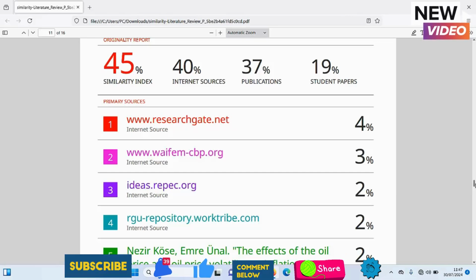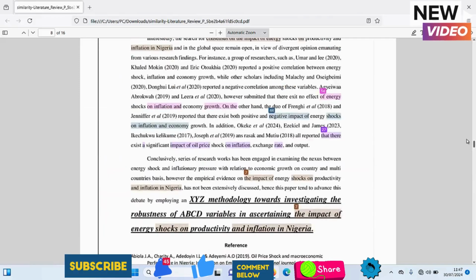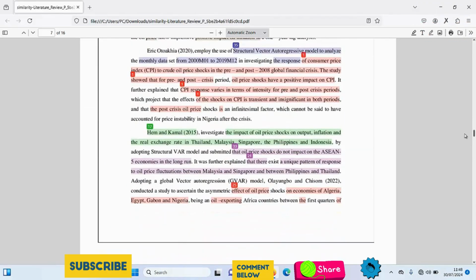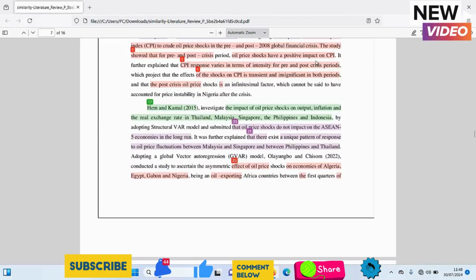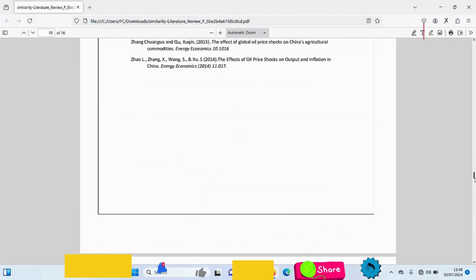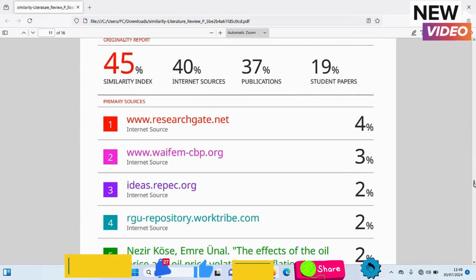Anywhere you see 1 in the document, look at this, 1 1 1 1 1. What Turnitin is trying to tell us here is that this content was obtained from these particular documents, or the content labeled 1 is similar to the content in this particular paper.